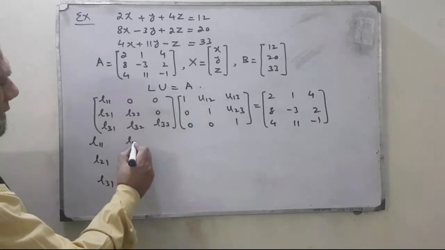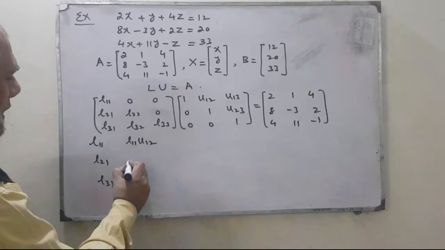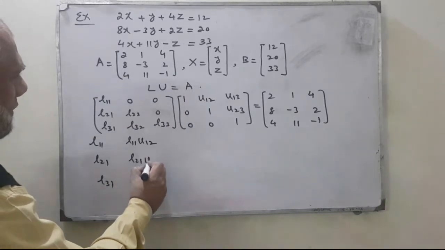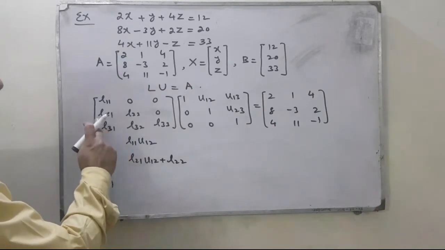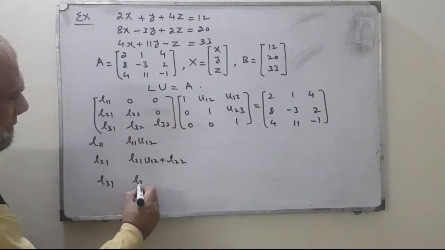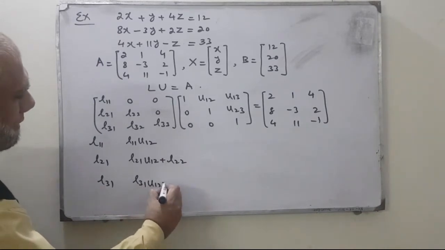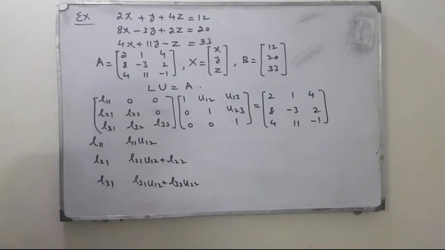First row with second column gives you L11 U12, second row with second column L21 U12 plus L22, third row with second column gives you L31 U12 plus L32 and U2. So these are the entries for the first two columns.